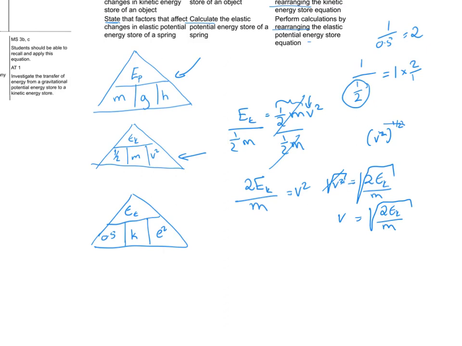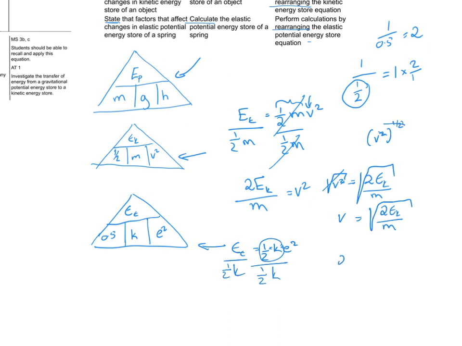The same thing applies to this equation. You have the elastic potential energy is equal to a half times spring constant times extension squared. And if I want to find the extension, I rearrange, so I get rid of a half and k. Since they're multiplied, I do the reverse function. I divide both sides by that.